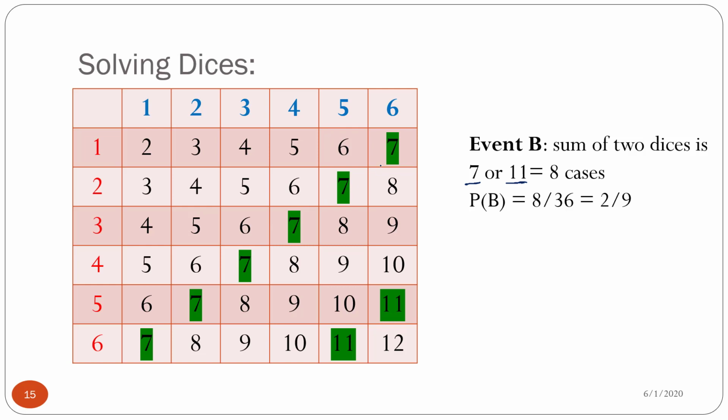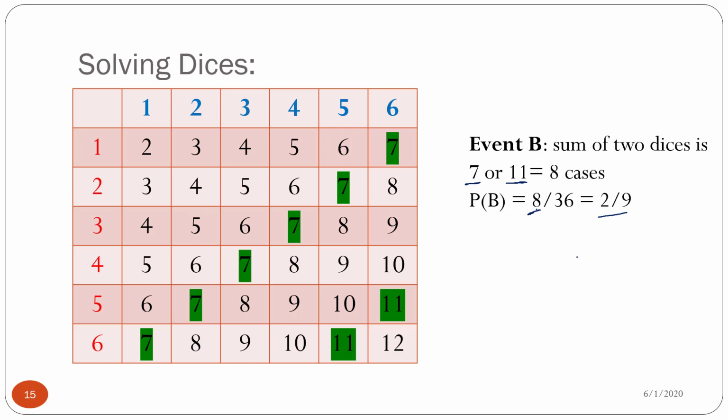So these are 1, 2, 3, 4, 5, 6 cases that correspond to sum as 7, and these are the 2 cases that correspond to the sum being 11. So what's the probability? 6 plus 2, which is 8, divided by 36. And you got the answer as 2 by 9 when you simplify. 4 2 times is 8, 4 9 times is 36. Great.